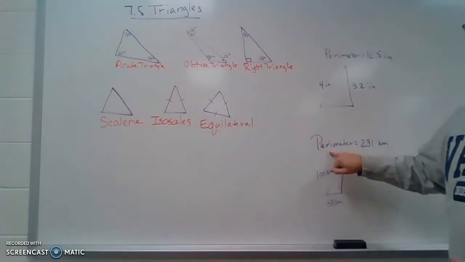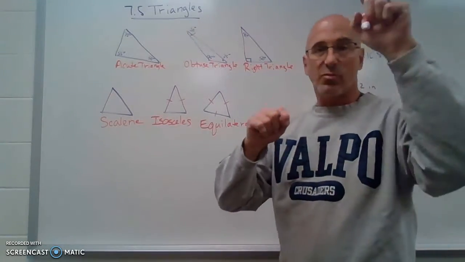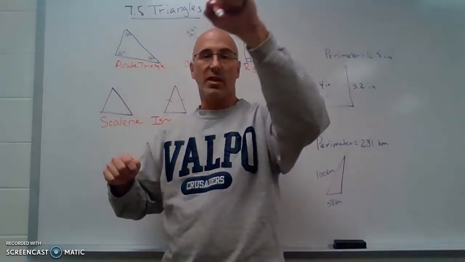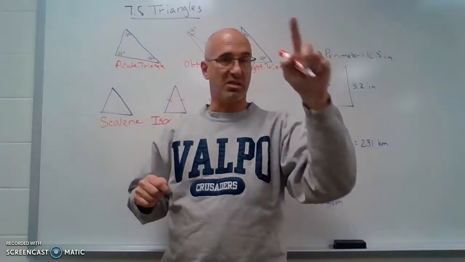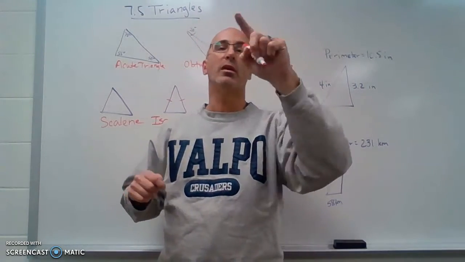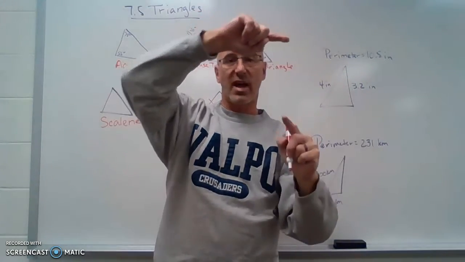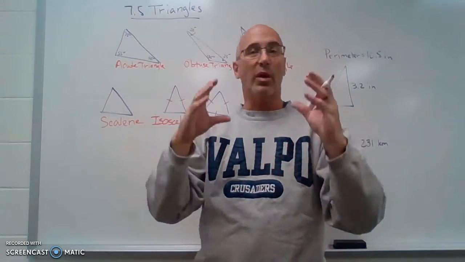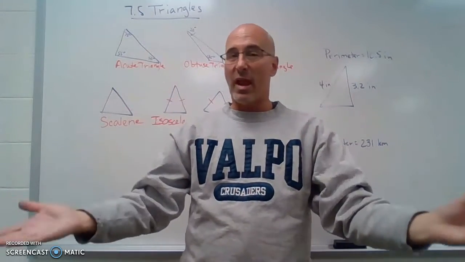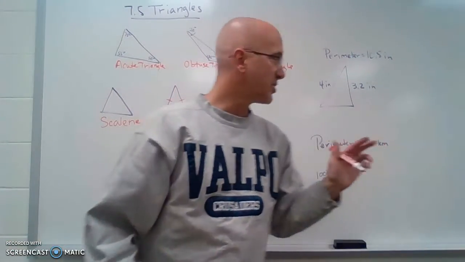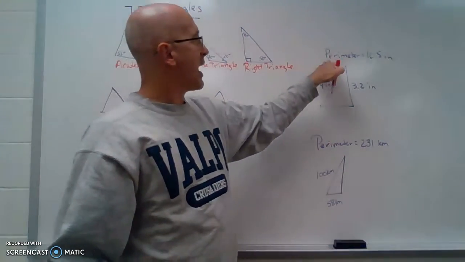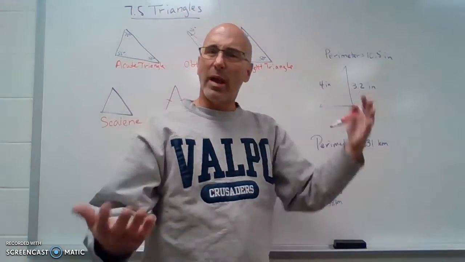Okay. That is the distance around any closed figure. So the perimeter is the distance around. We add up all of the lengths of all of our sides, whether it is a triangle, whether it's a quadrilateral, any size, shape.